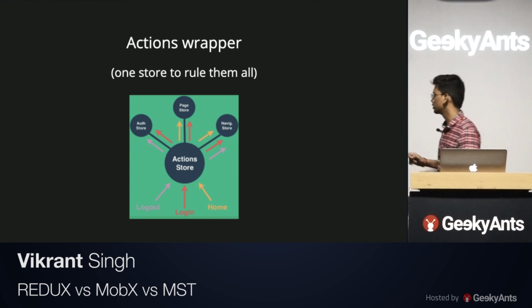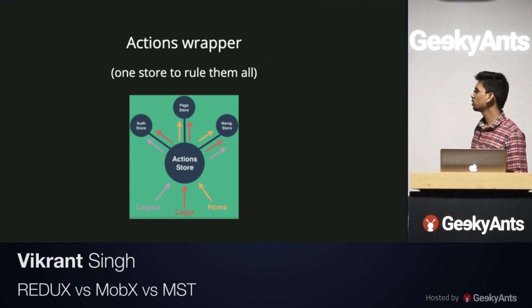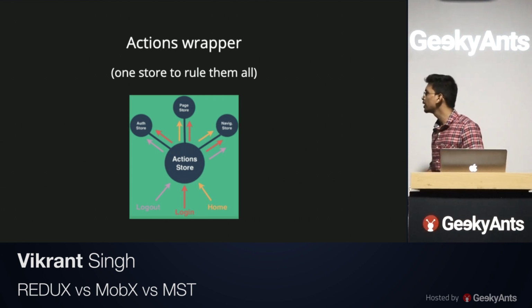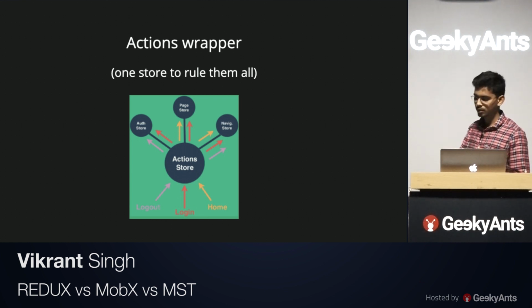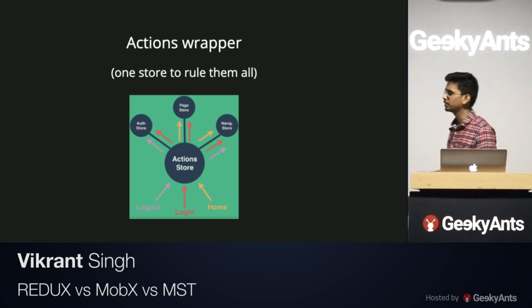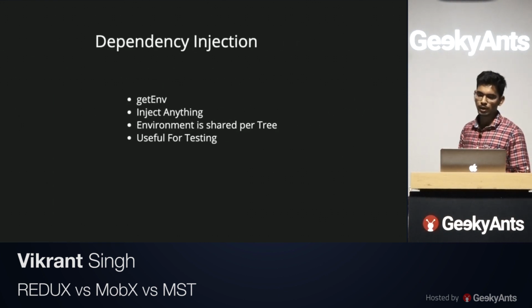And that's how simple it is. But there is also a con to this approach, because the action store has a lot of direct access, and sometimes you really do not want that kind of thing in your application.